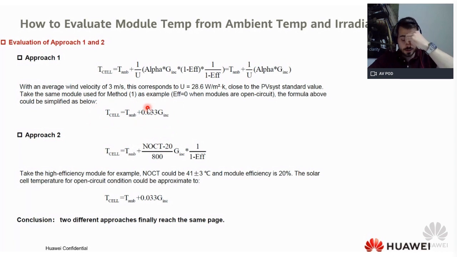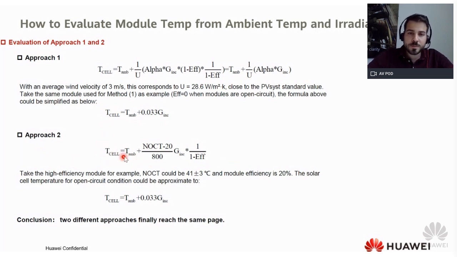It means, for example, if we insert 1000 watt per square meter, the cell temperature will increase by 33 Celsius. It means ambient temperature plus 33 will be the value for the cell temperature.